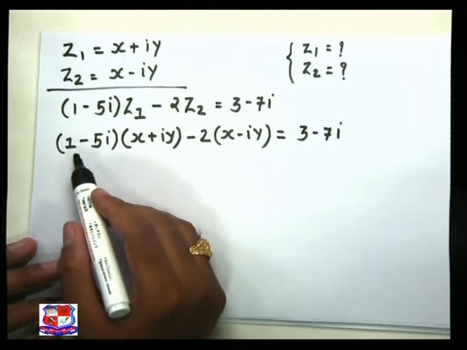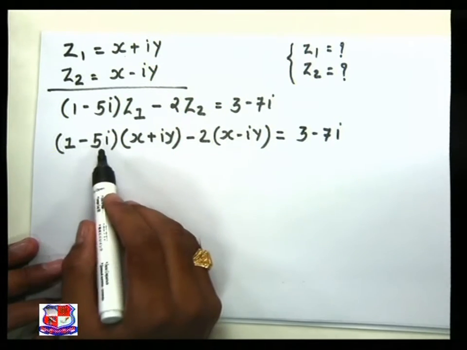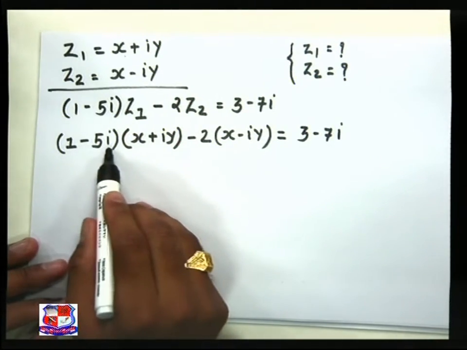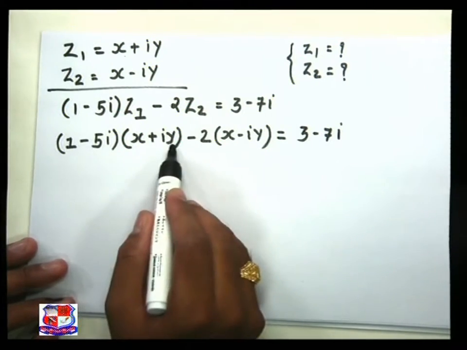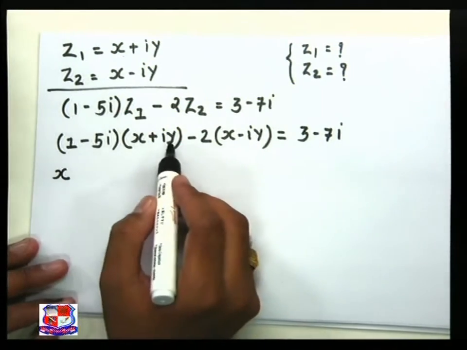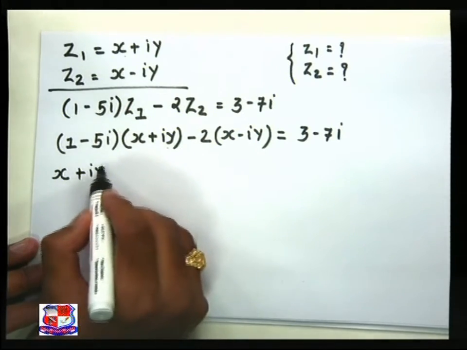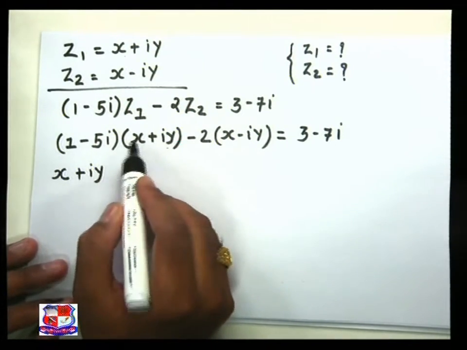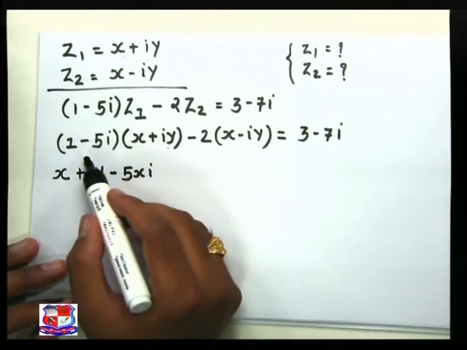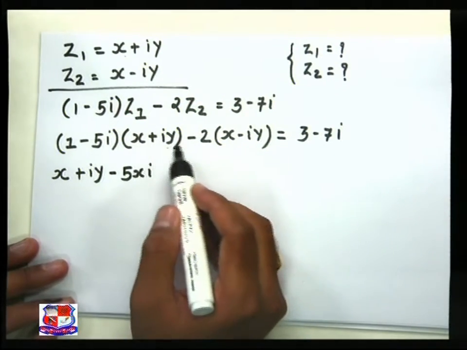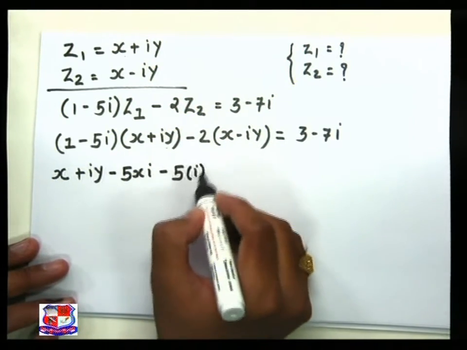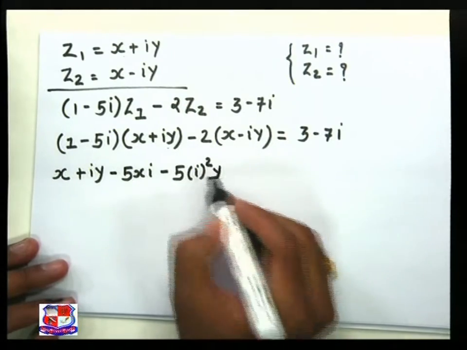Now just multiply here, 1 minus 5i, that means 1 into x, 1 into iy, minus 5i into x and minus 5i into iy. So 1 into x is x, 1 into iy is iy only, minus 5i into x is minus 5xi, and minus 5i into iy is minus 5 i square y.